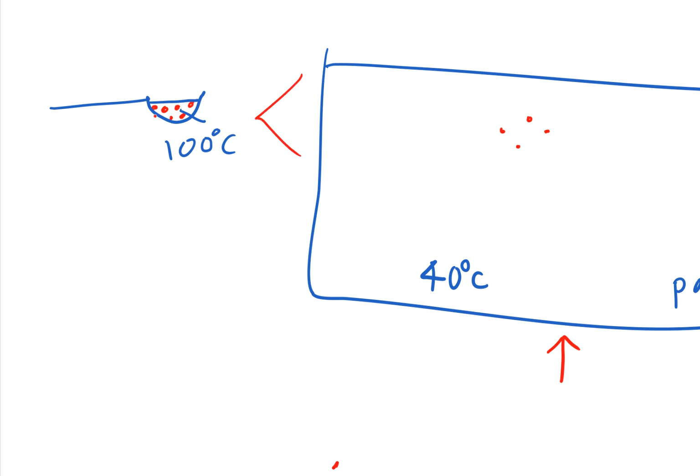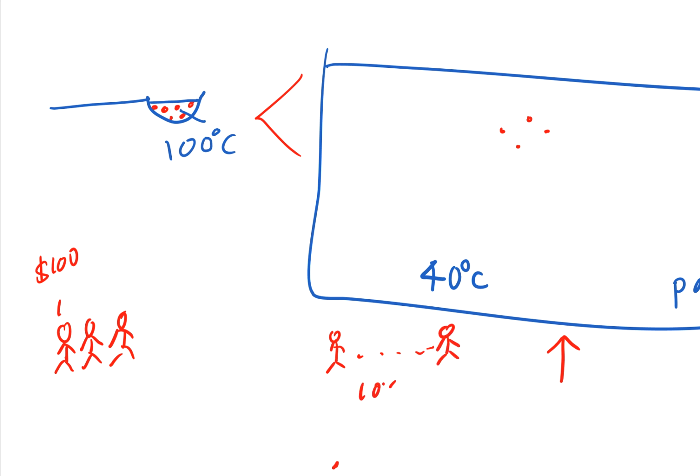All right, so it's equivalent to if you have three persons and each of them has $100, and then another group, you have, let's say, 1,000 people, and each of them has only $20. So which group is richer?